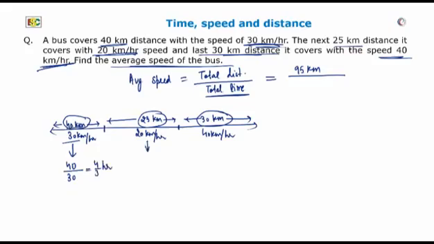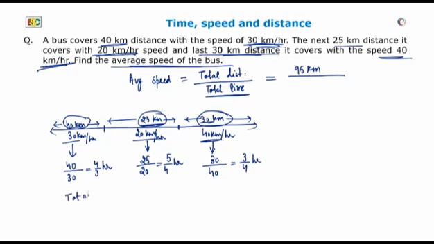For the second part, again time will be equal to distance upon speed, that is 25 upon 20 or 5 upon 4 hour. In the same way, for the third part, time will be equal to distance, that is 30, upon speed, that is 40, equal to 3 by 4 hour.